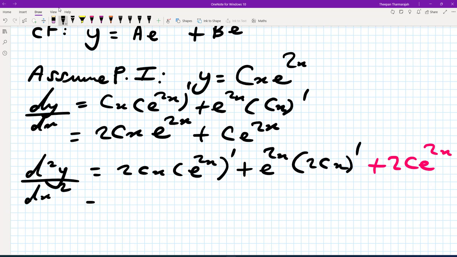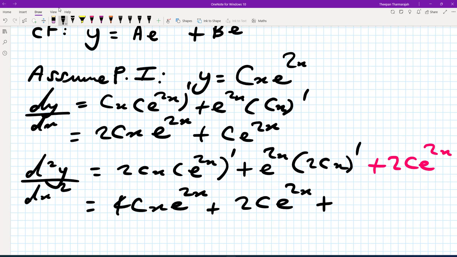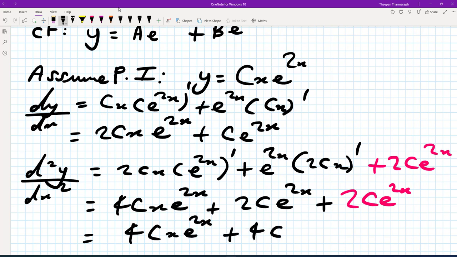So that will now give me 4cx e to the 2x, and that will give me plus 2c e to the 2x plus, I'll write it in pink here, plus 2c e to the 2x. And what I would end up with is 4cx e to the 2x plus 4c e to the 2x.